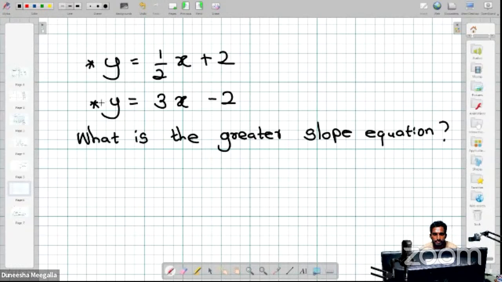The gradient must be higher, right? Which one has the higher gradient? You can tell me, Satish, what is the greater slope equation? Y equals 3x minus 2. Yes, y equals 3x minus 2. Okay, write down this question and get the answer.